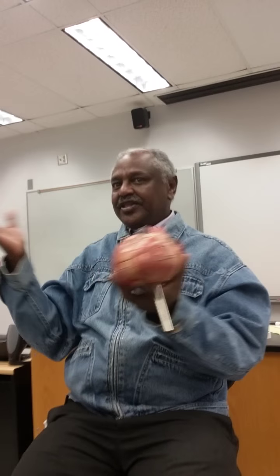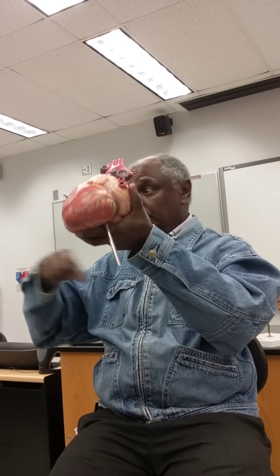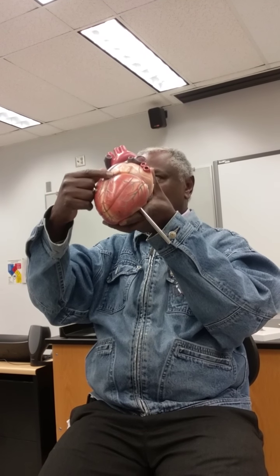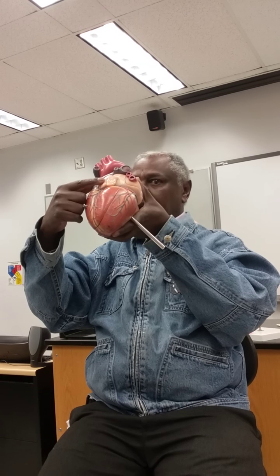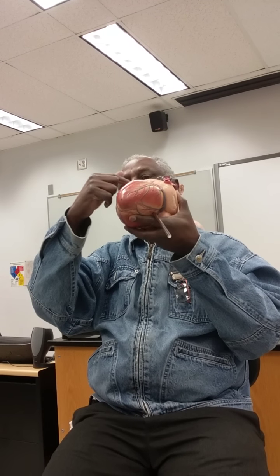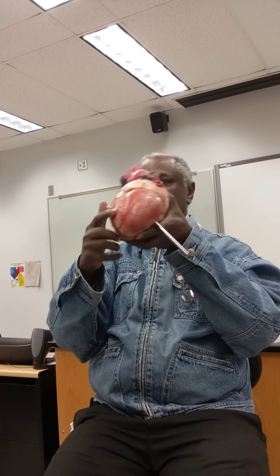Okay? So that is it. Left coronary artery itself cannot be labeled, but the two branches start from the bottom of the left atrium, and this one going down here is the anterior interventricular branch.